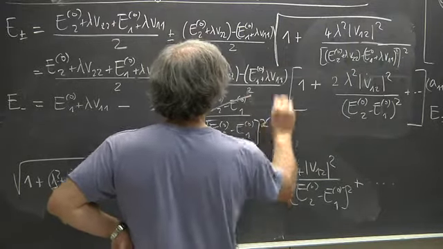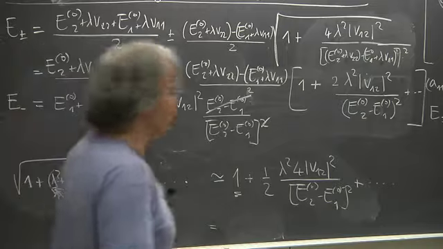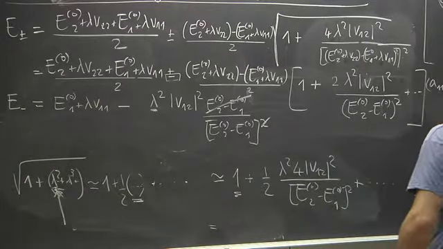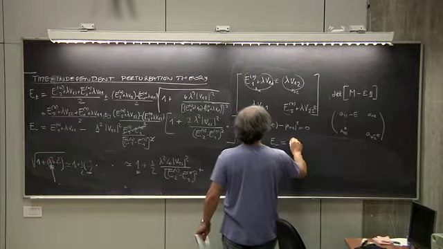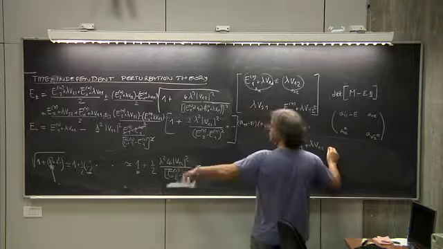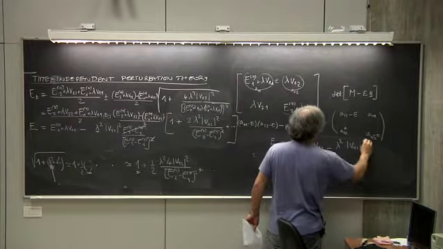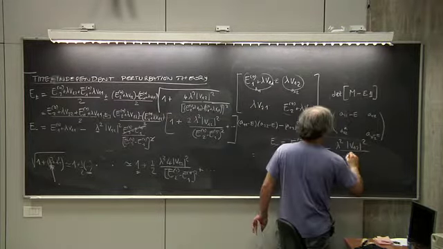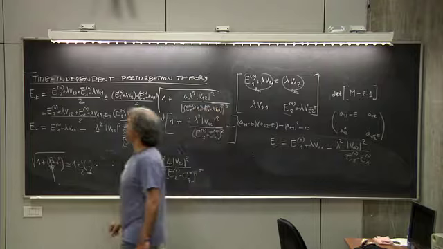So this really drops one of the denominators. To summarize, E minus is equal to E01 plus lambda V11 minus lambda square V12 square divided by E02 minus E01.